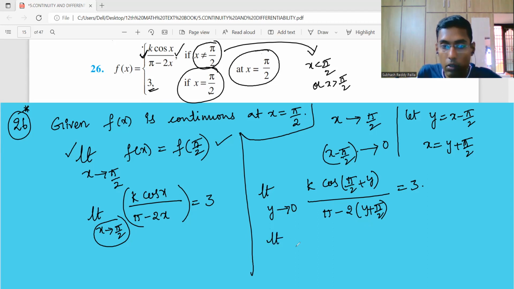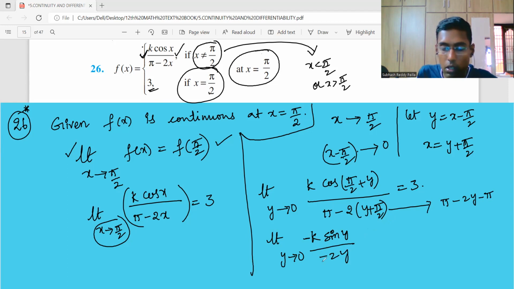So now limit as y tends to 0. A little arrangement here: k into cos of pi by 2 plus y. Cos of 90 plus theta, second quadrant, cos is negative, so it is minus sin y. Then pi minus 2y minus pi, because 2 gets cancelled if you take it inside, gives minus 2y.